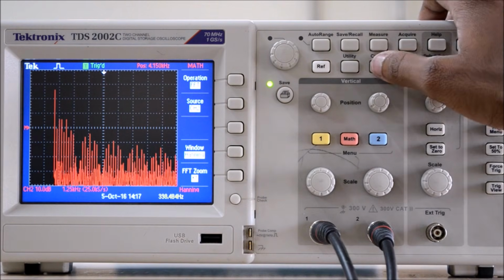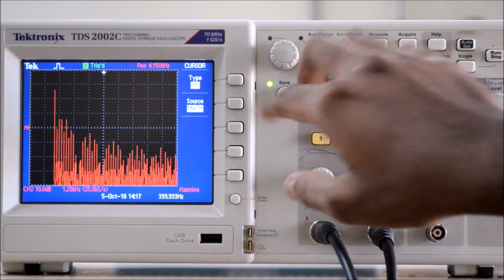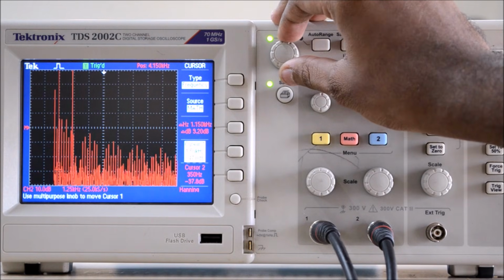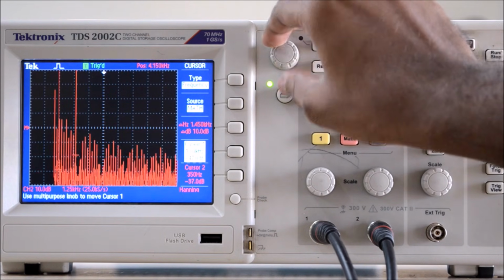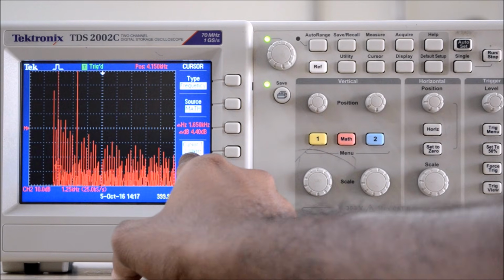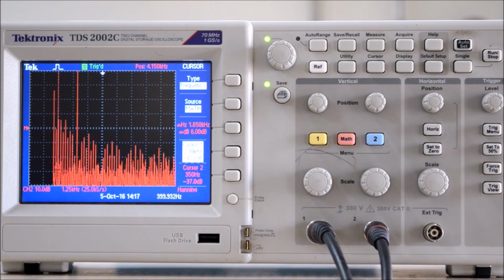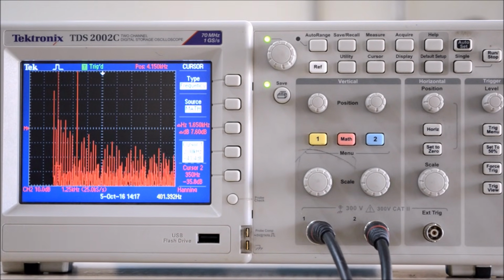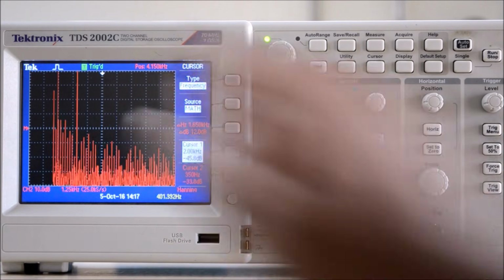We can check the null frequency by using cursors. We can move the cursor to the first null and we'll see that the frequency there is 2 kilohertz. Our bit rate was 1 kilohertz. So the first null occurs at twice the bit rate, which is 2 kilohertz.